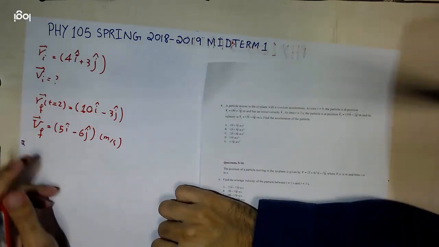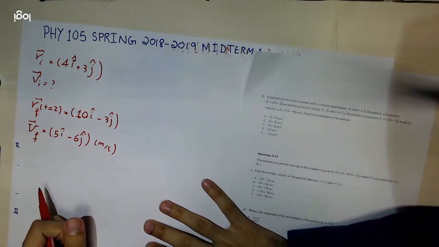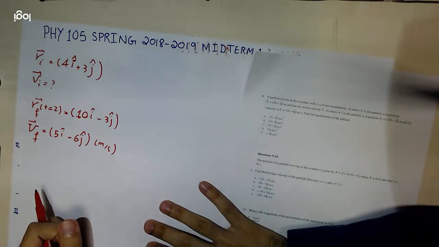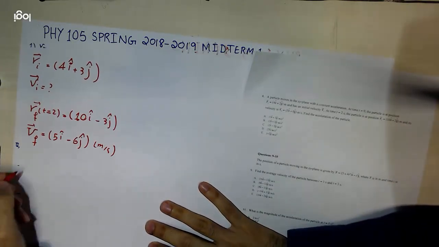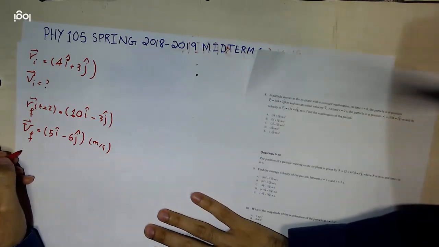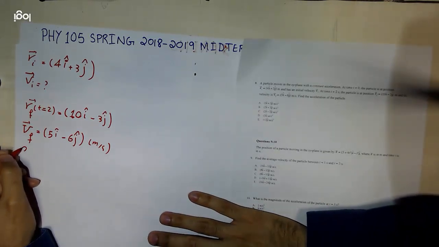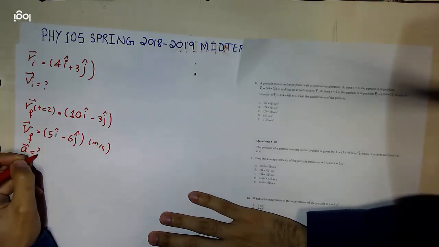Okay, let's find the V initial, in order to answer the question that asks us about the acceleration of the particle here.